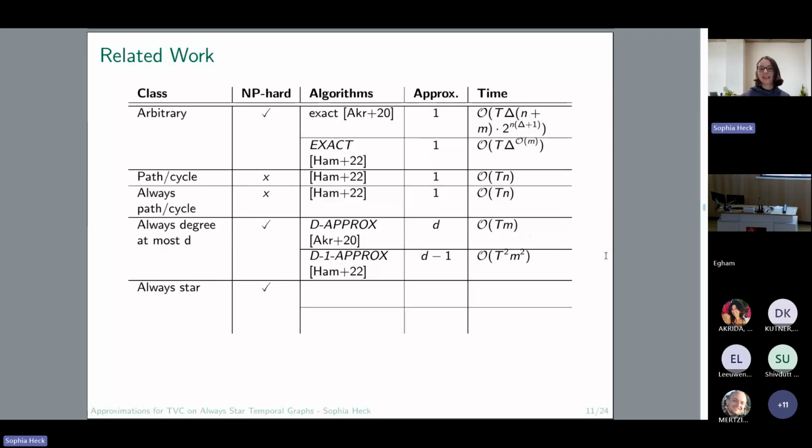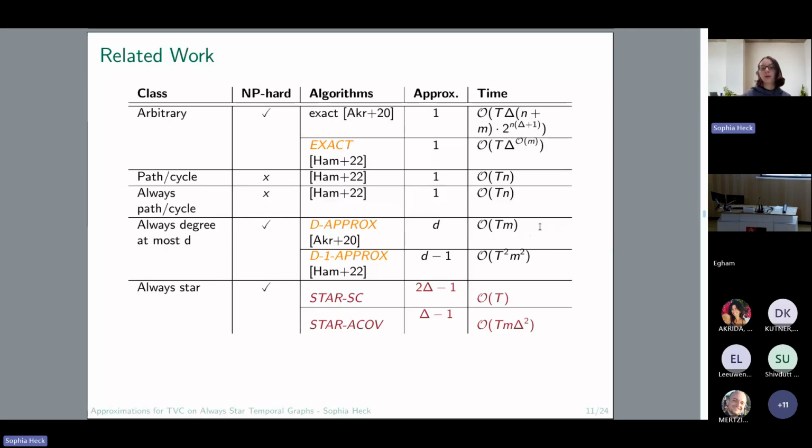What has been done in this work is we introduced new algorithms for the case of always star graphs, particularly two algorithms that depend in their approximation ratio on the window size. And additionally, the entire work on this problem before has been purely theoretical.